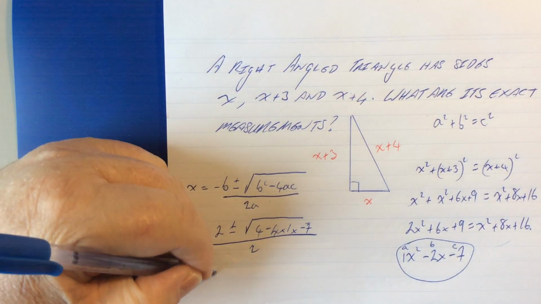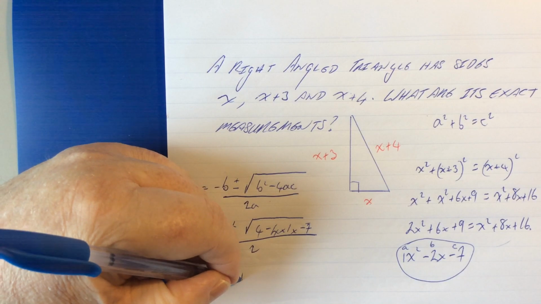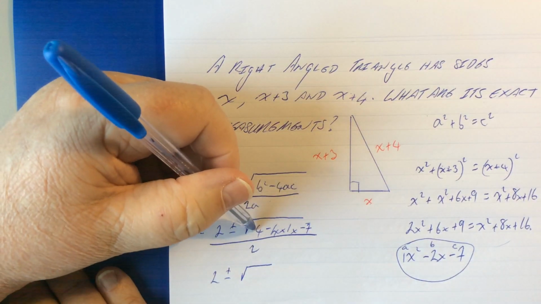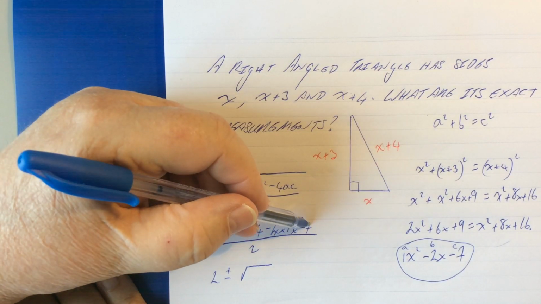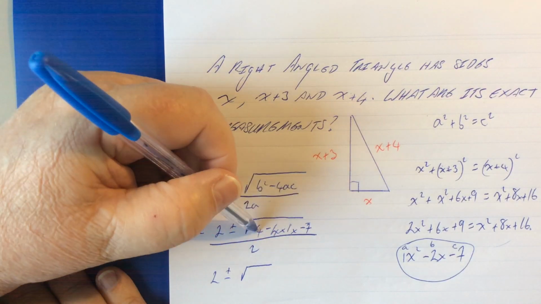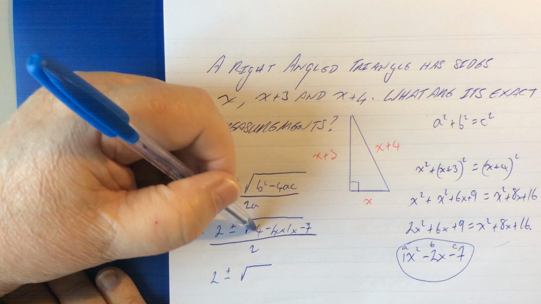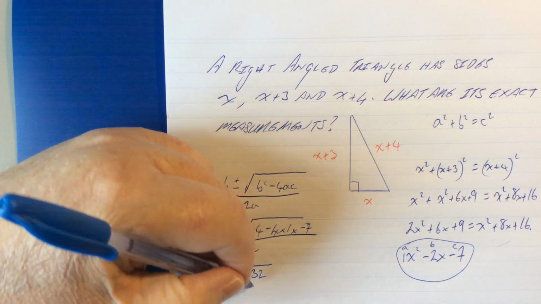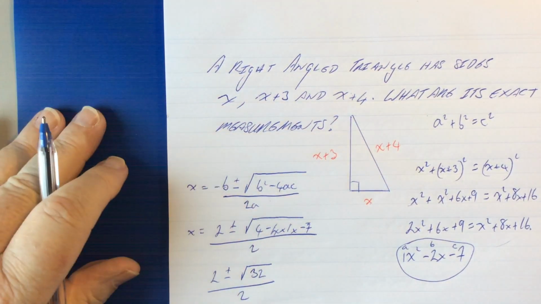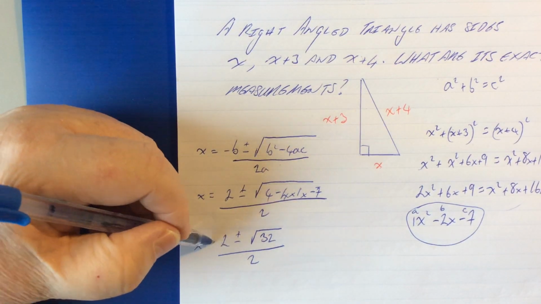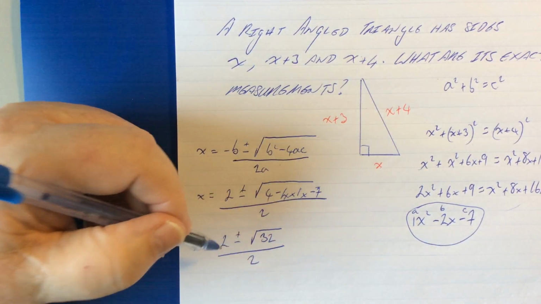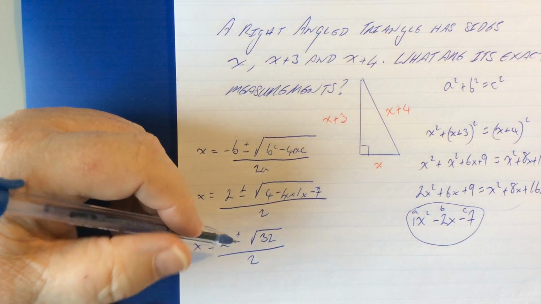Which gives us 2 plus or minus the square root of 4 ones are 4, that's negative 4 times negative 7 is positive 28. 28 and 4 is 32, all over 2. So x is equal to this expression here. Now we can simplify this.